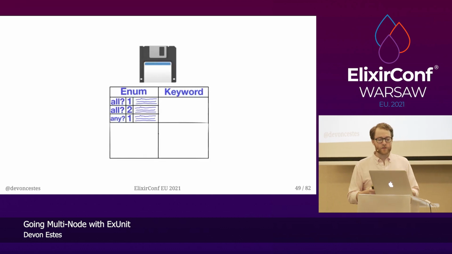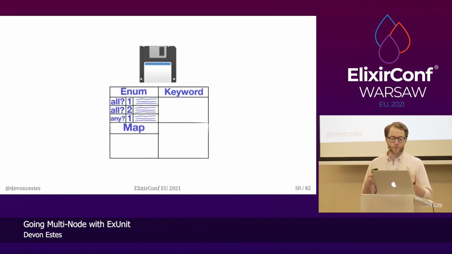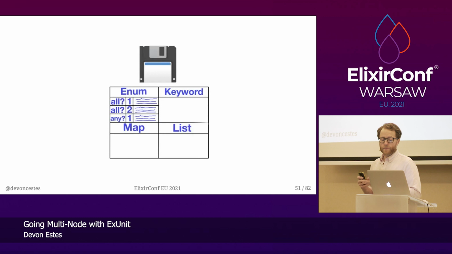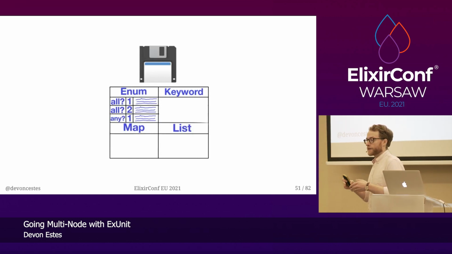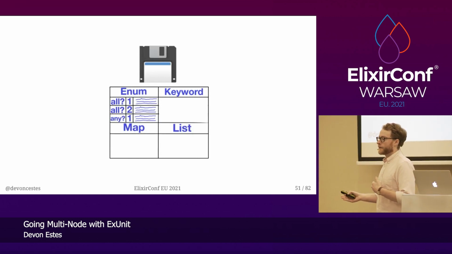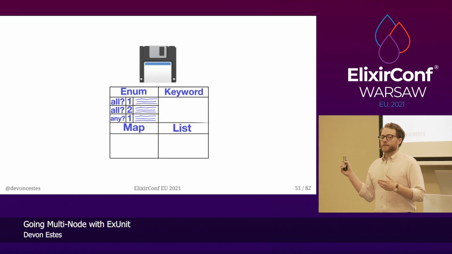And like we mentioned, each module has its own little box, right? Because the code server deals with modules. And in those boxes, we have information about the functions in that module. But really, those boxes also correspond directly to .beam files.